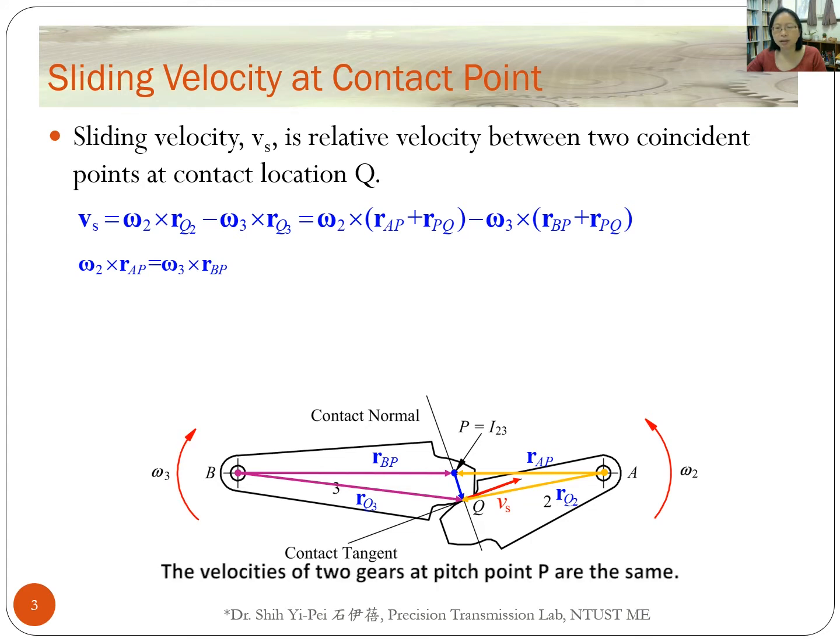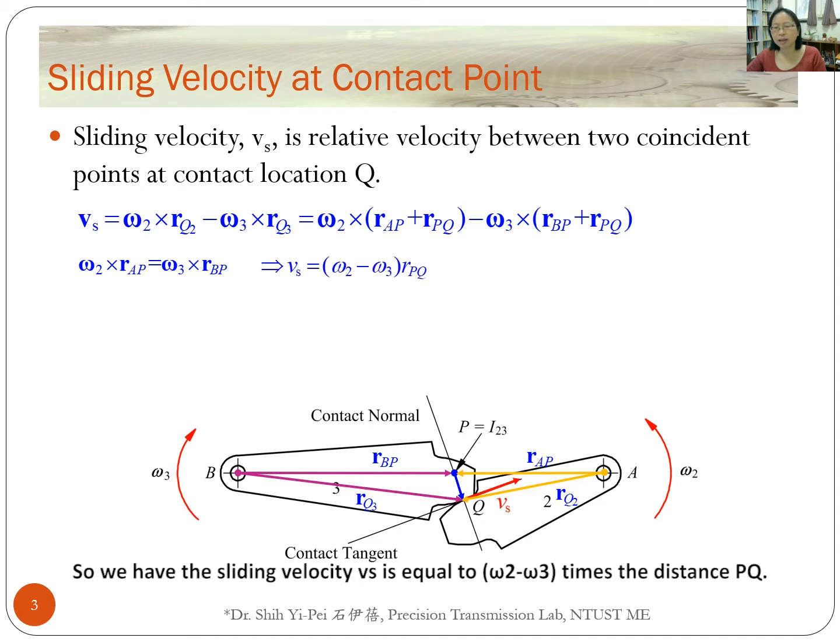The velocities of two gears at the pitch point P are the same, so we have omega 2 cross RAP equal to omega 3 cross RVP. For the external gear pair, the angular velocities are in opposite directions. So if omega 2 is positive, omega 3 will be negative.